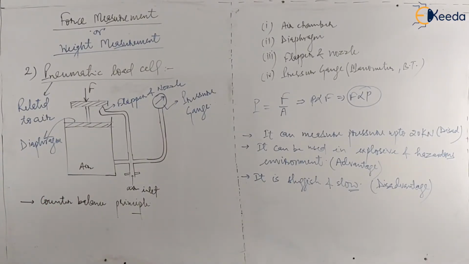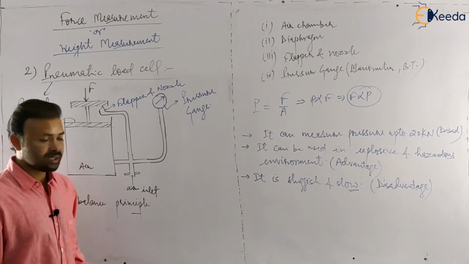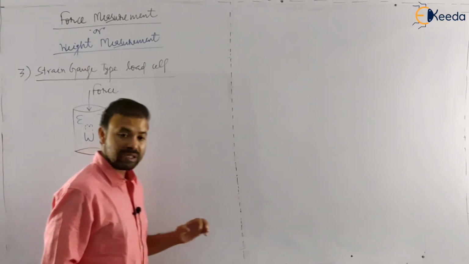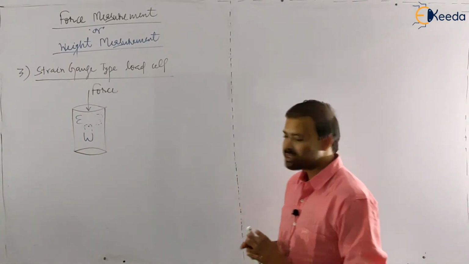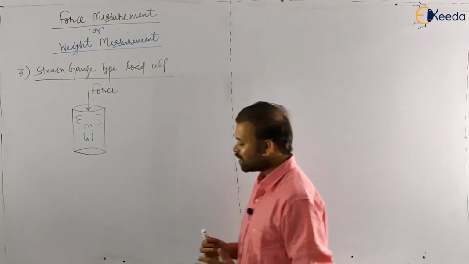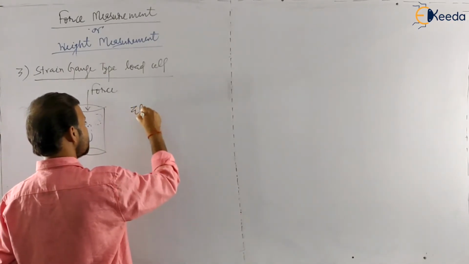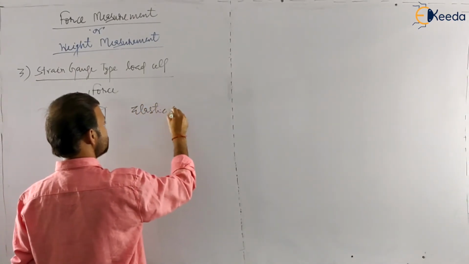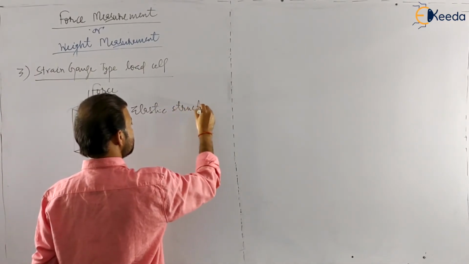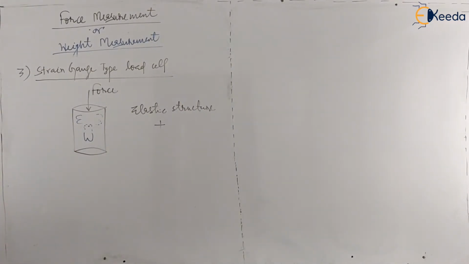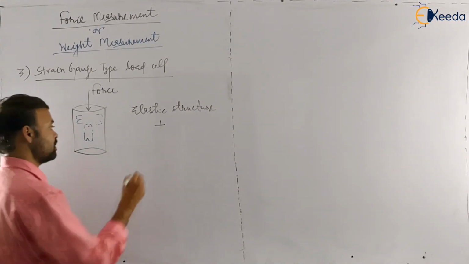Next, we are going to discuss the strain gauge type of load cell. This is some basic idea about the strain gauge type of load cell. In the strain gauge type of load cell, we have an elastic structure, and on this elastic structure we will be connecting strain gauges.